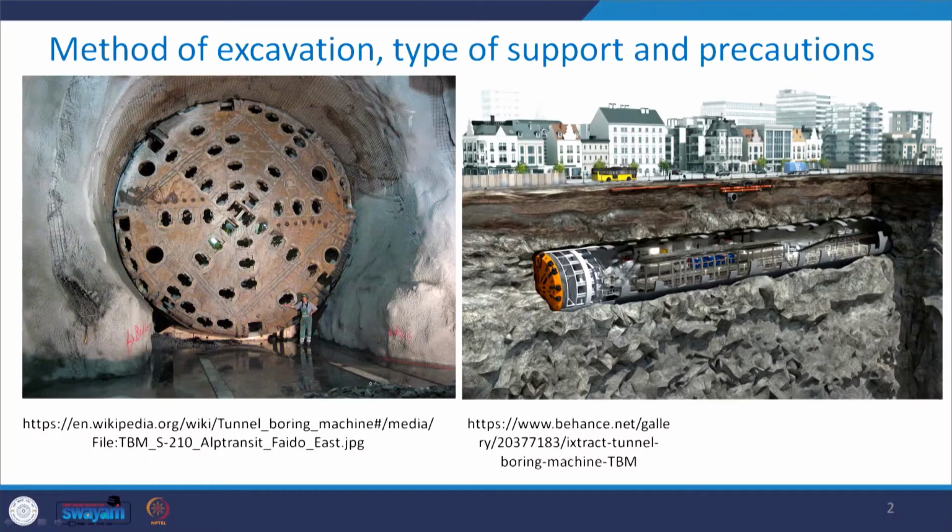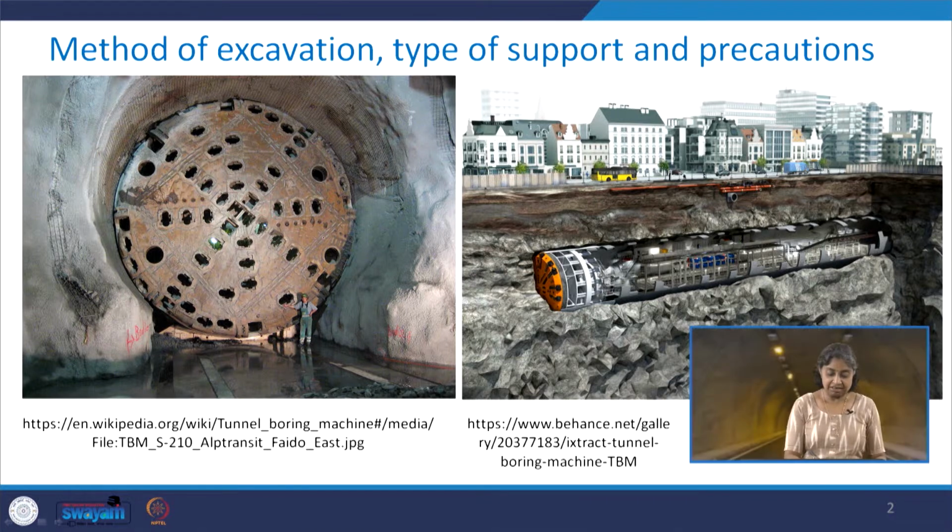So, here you see that these are the two pictures which show various views of tunnel boring machine. Here you can see the front face, and you can see that the shield is there.